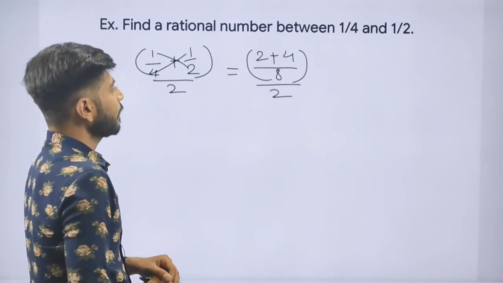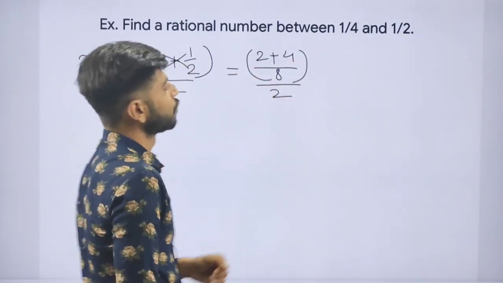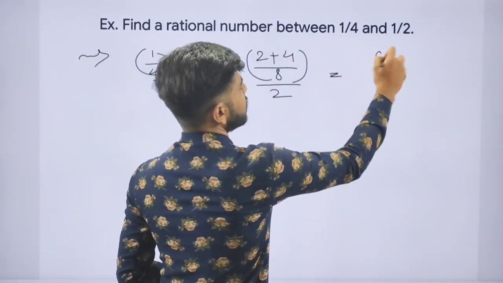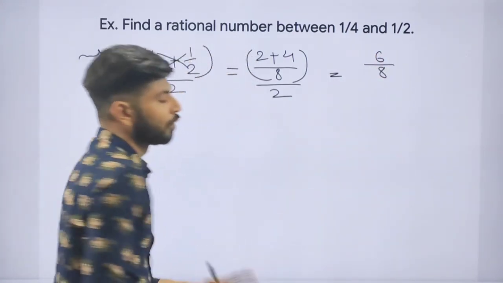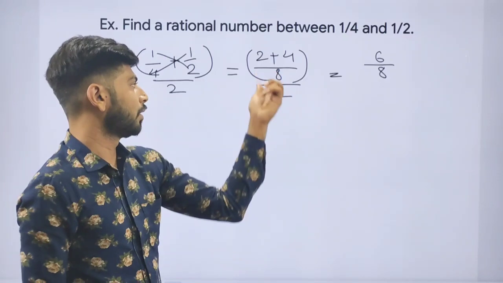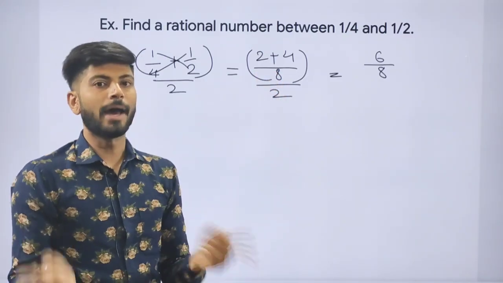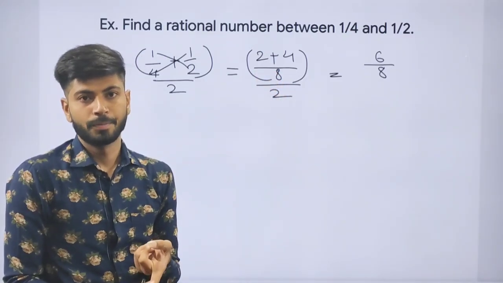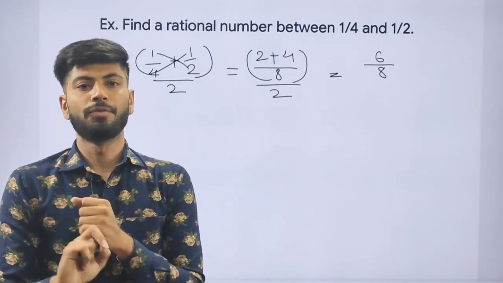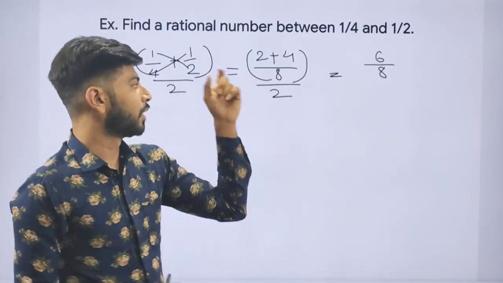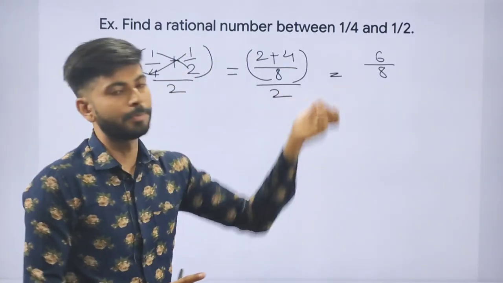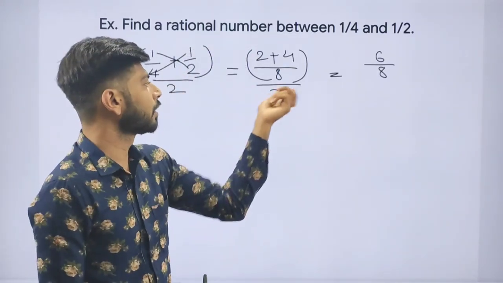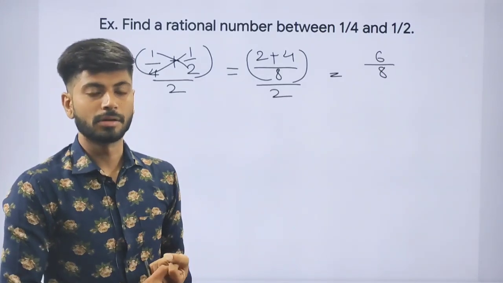Okay. Then 2 plus 4 is equal to 6 upon 8, and we know that if we are dividing by a number, we multiply by its reciprocal. Okay, in the fractions chapter, if you remember, we multiply by the reciprocal of the divisor.